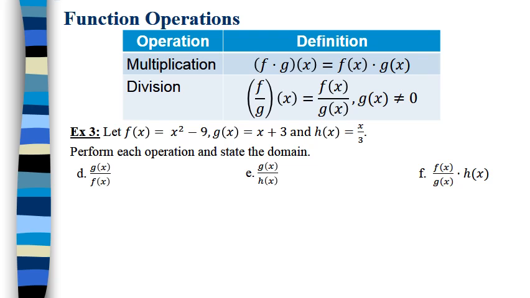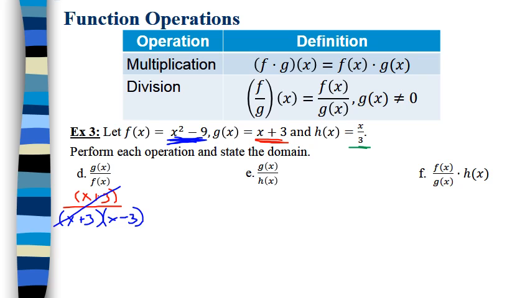Okay, so again, f of x is x squared minus 9, and g of x is x plus 3, and we'll make h of x x over 3. So if I'm going to do g of x divided by f of x, I have x plus 3 divided by, we know x squared minus 9 is going to be x plus 3 times x minus 3, because that's a difference of squares.